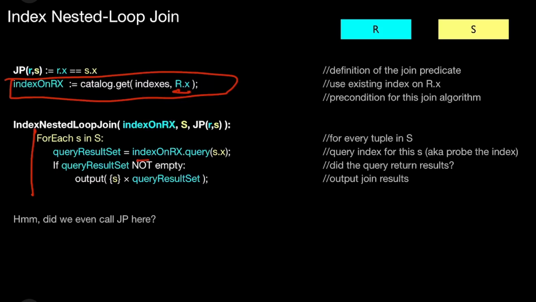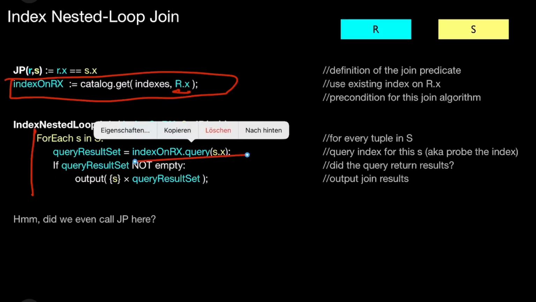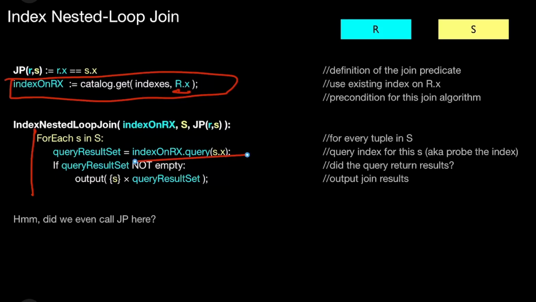So here, that is the index on R, and I send a query here for each of the small s's with regards to the x attribute. Yeah? Recall that the join condition is r.x equals s.x. So with that, I can directly look up for any tuple S whether it has a counterpart in the R relation.